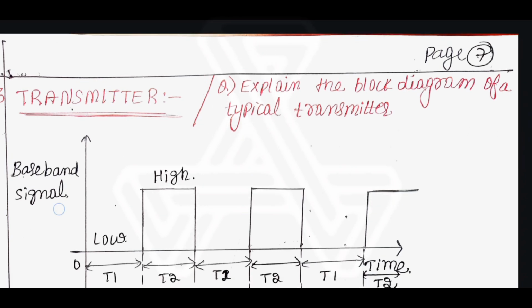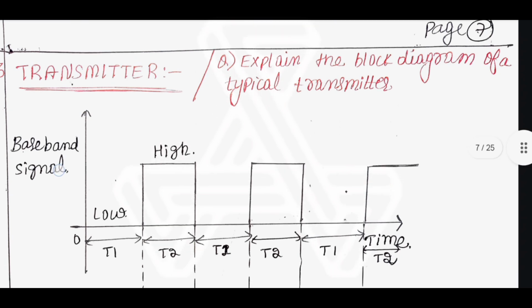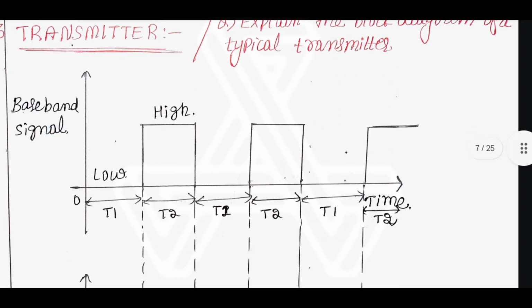Transmitter. Explain the block diagram of a typical transmitter. Baseband signal: time, low, high, T1, T2.